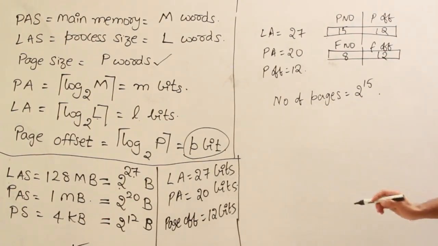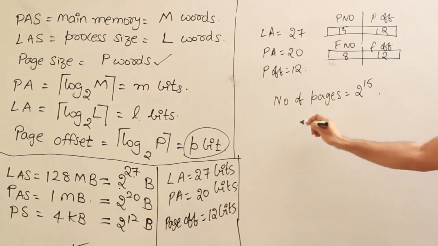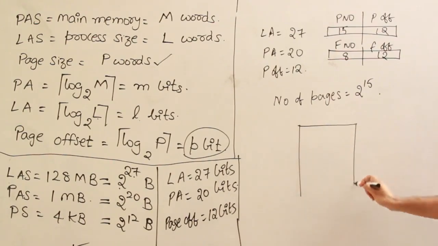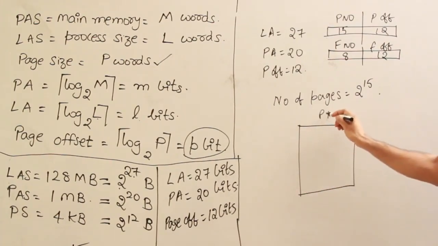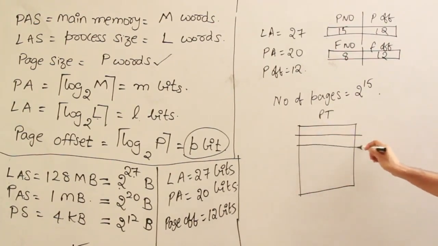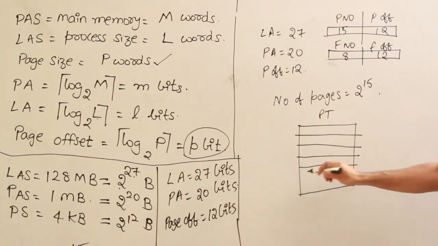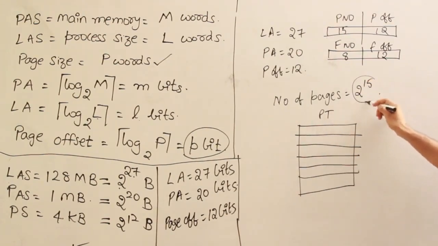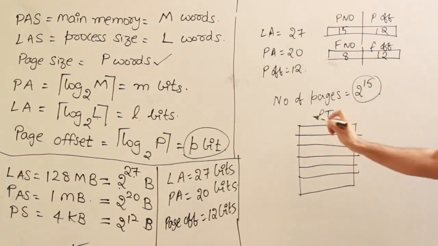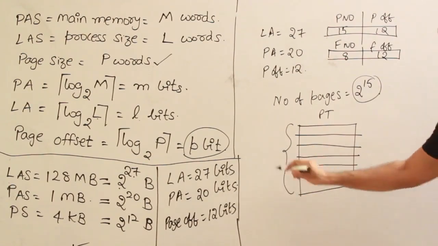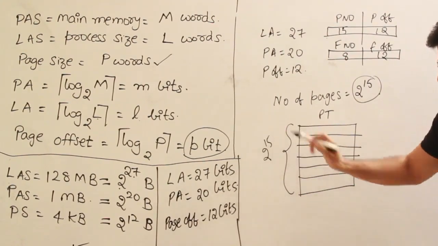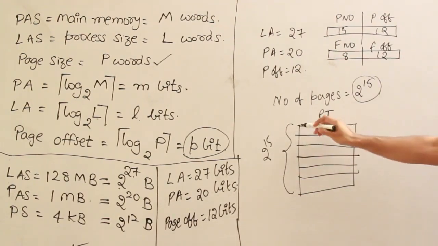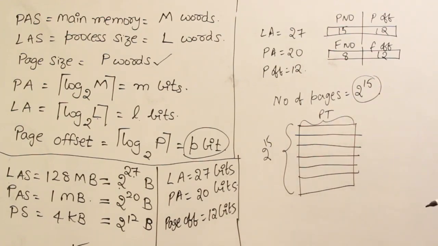And what about the page table size? Now the page table should contain one entry for each page, right? How many pages are there in the process? 2 power 15 pages. Therefore the number of entries in the page table will be 2 power 15. And what will be the size of each page table entry?